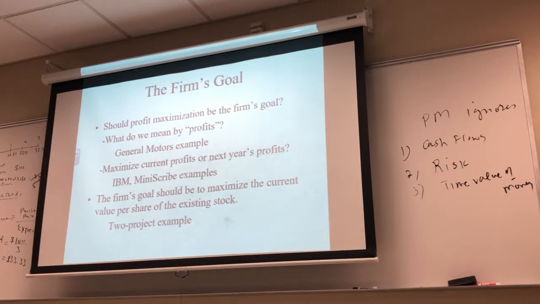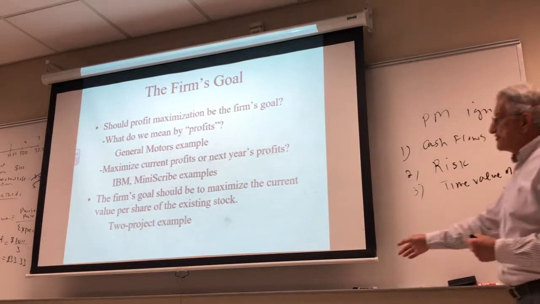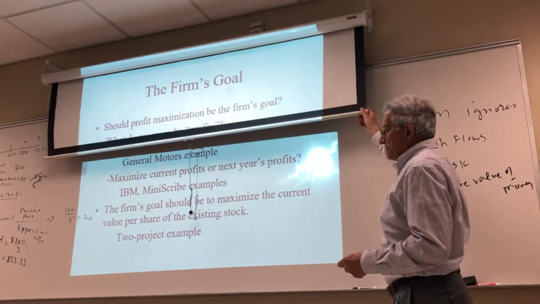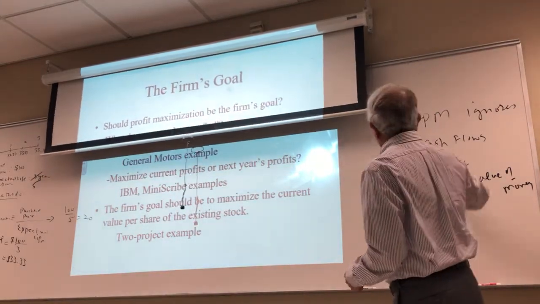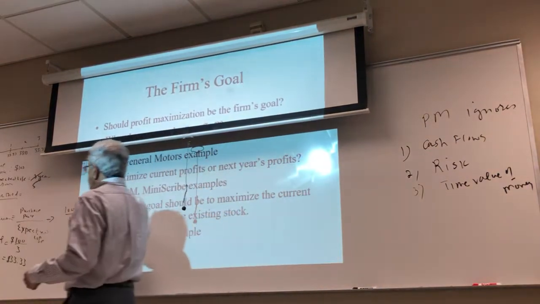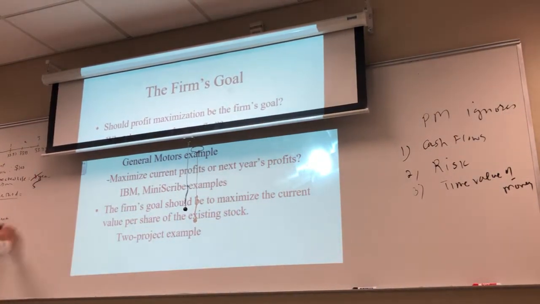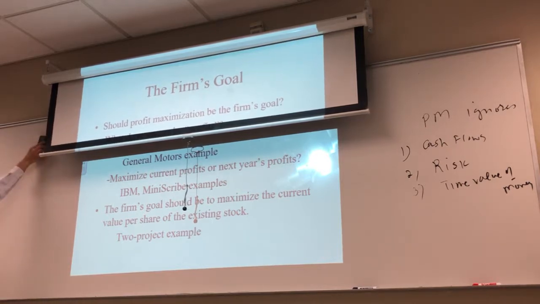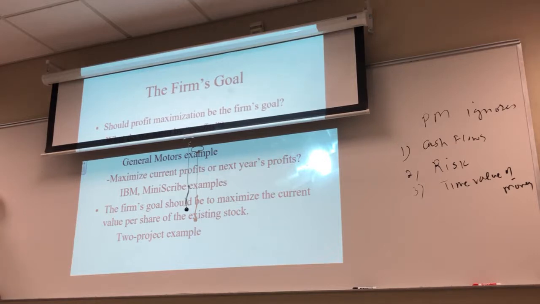Okay, let me show you what this time value of money is all about. Very important concept. Like in IBM's case, they added $500,000 5 times. Okay, so let's assume that there are 2 projects, X and Y, just to keep it simple.